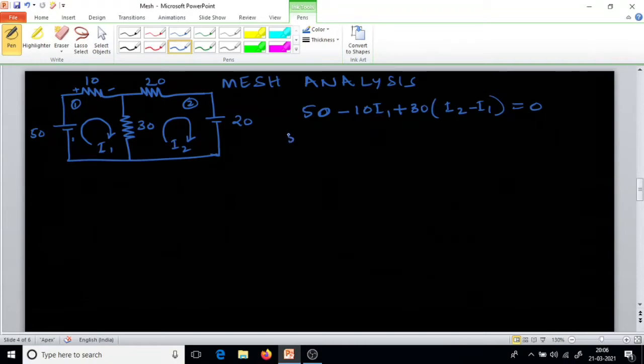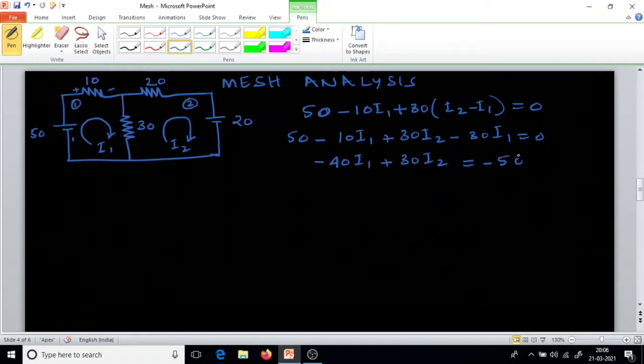Now we'll open the bracket: 50 minus 10 I1 plus 30 I2 minus 30 I1 equals 0. If you add these two, we get minus 40 I1 plus 30 I2 equals minus 50.